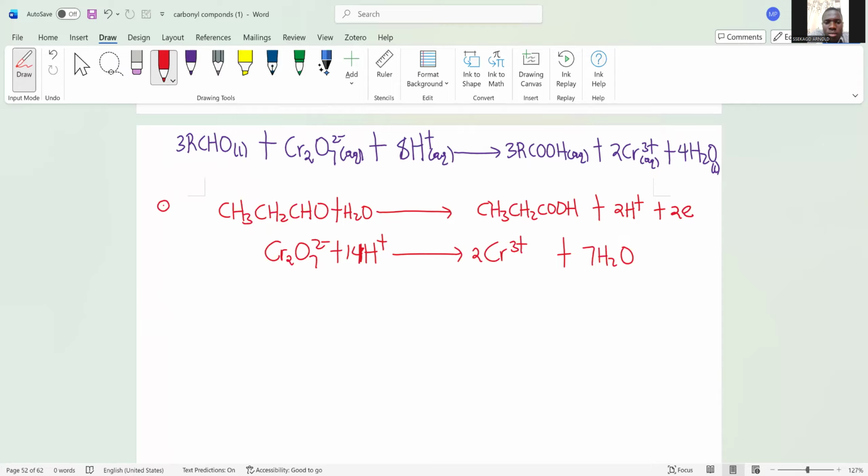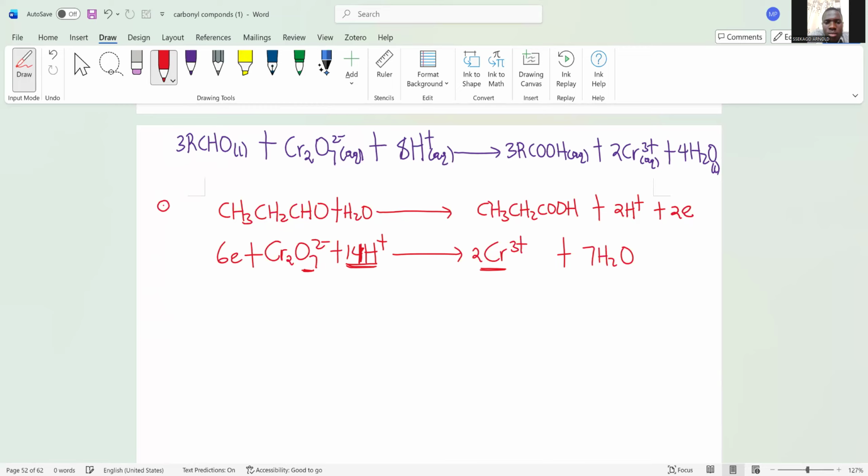The charges are not balancing. Here I have 14 minus 2, that is plus 12, but this side I have plus 6. So to reduce the plus 12, here I add 6 electrons.